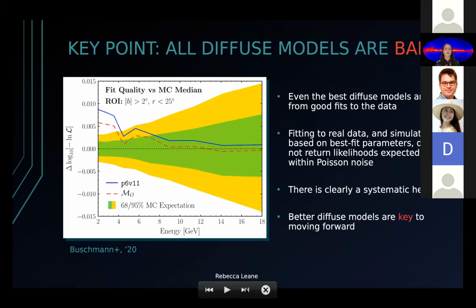These are the ones that make up most of the gamma rays in the sky. And you can see at lower energies, where the excess peaks, these are really far from describing the data. So clearly there's some systematic here, and this is one of the key things that keeps playing with these results and potentially hiding what's really going on. So better diffuse models are key to moving forward and understanding what's happening with the galactic center excess.